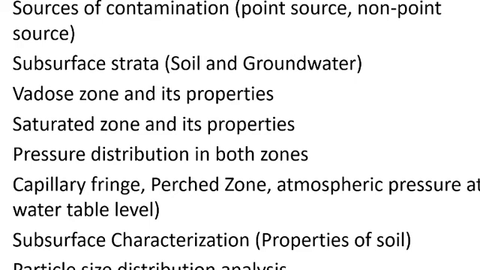Then we studied subsurface strata containing soil and groundwater, vadose zone with its properties. Vadose zone actually consists of different layers, and every layer is behaving differently because the characteristics are different, the particles are different, and then finally their behavior is different.